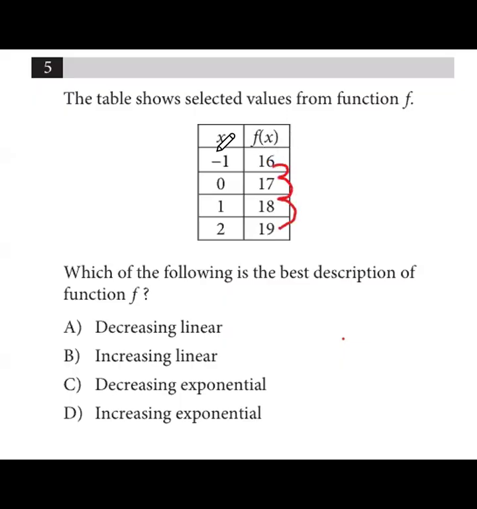They increase by 1 every time, and we increase x by 1 every time, so it's a slope of 1, which is linear. It's also increasing from 16 to 19. So the correct answer is increasing linear, answer B.